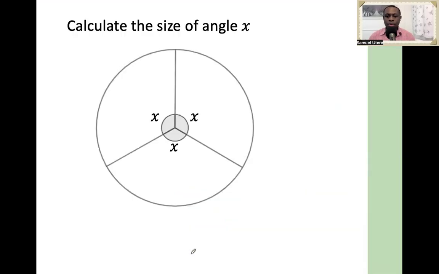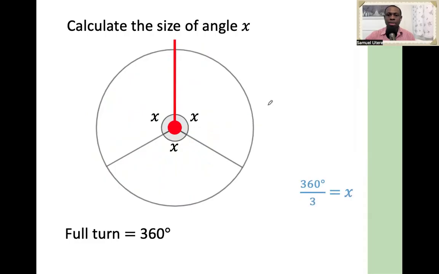All right, let's do some new learning. If you were asked to calculate the size of angle X, what do you notice about the angles? Well, I'm sure you notice that the angles are all equal. So if the angles all add up to 360 degrees, because a full turn is equal to 360 degrees, then we can form an equation, because remember, if we add x and another x, it should add up to 360 degrees.